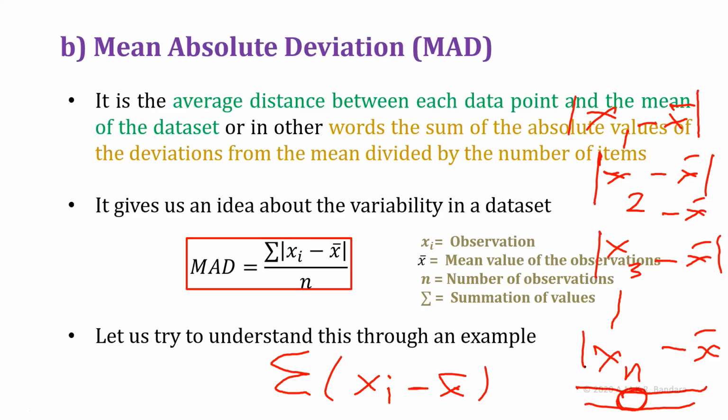This is the absolute value. So if you add these absolute values, then you will get something, not 0. So now you have a summary of this deviation, and in order to find the average of this deviation, they have suggested to divide the quantity by the number of observations.